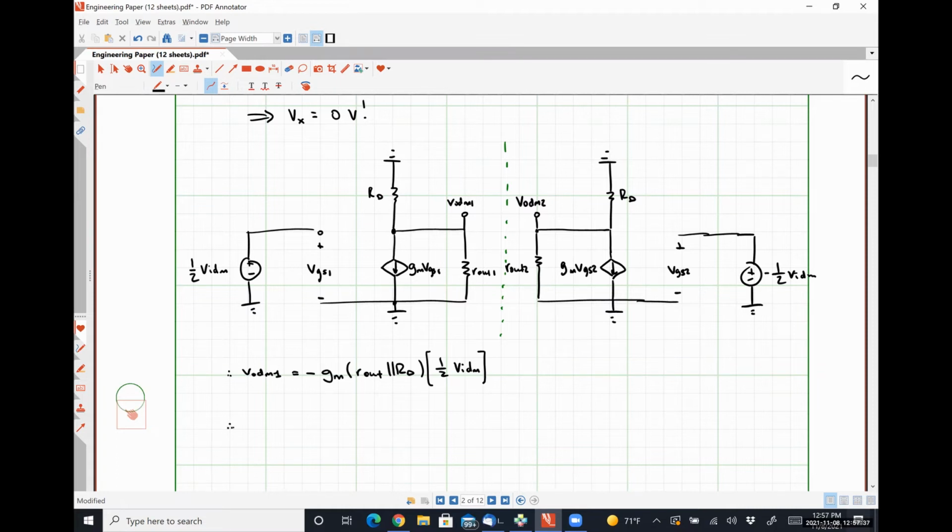And similarly, VODM2 is equal to negative GM times R out in parallel with RD times negative 1/2 VIDM.